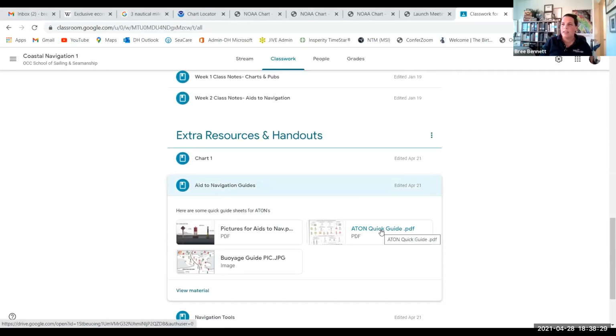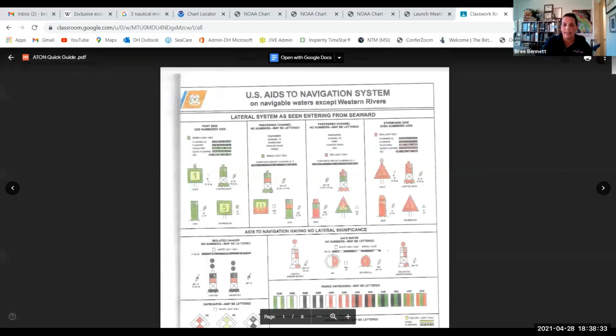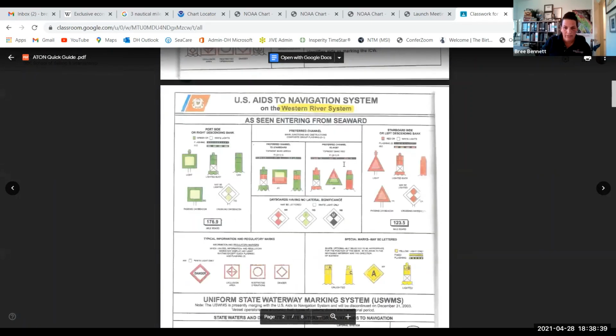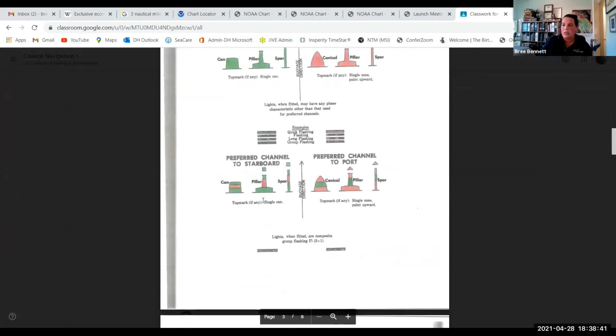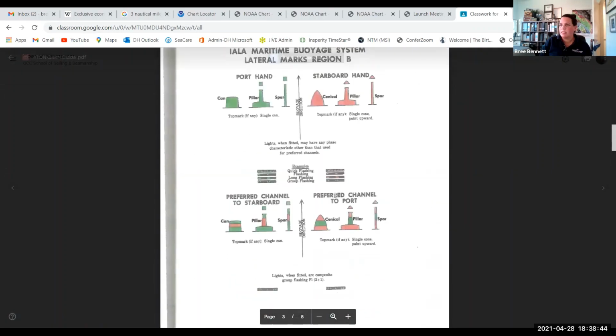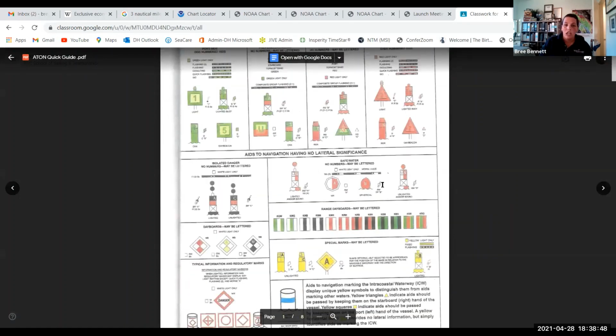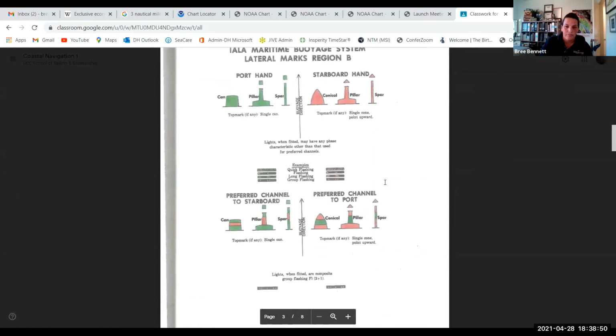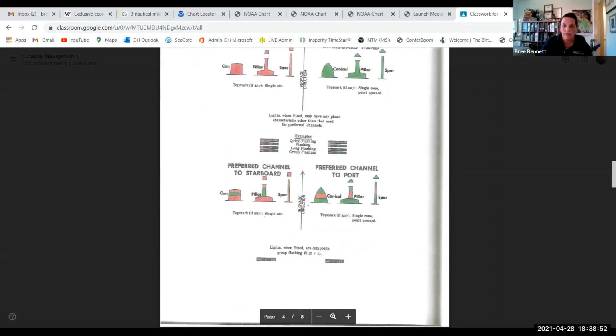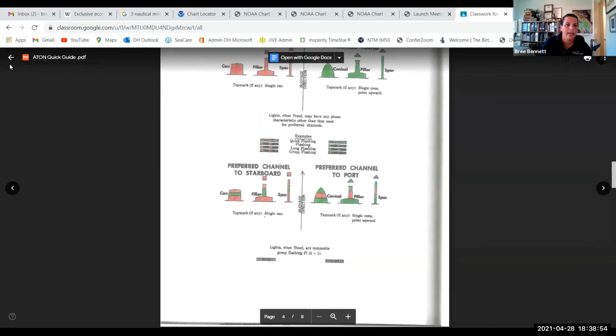It might have been mailed to you. A quick guide for aids to navigation. That's ATON. It has 8 pages, a little quick guide of buoys. As we go through our PowerPoint, you might want to look at it. It might be helpful just as a quick reference guide.